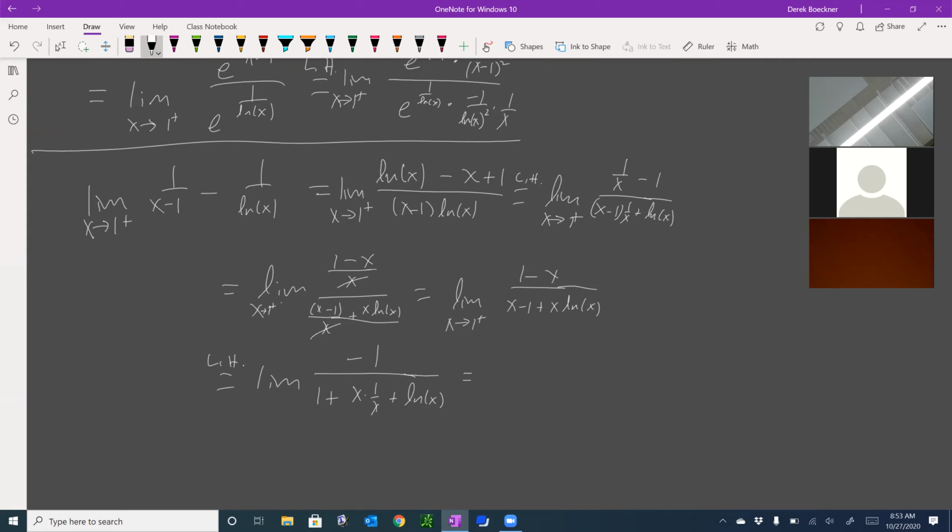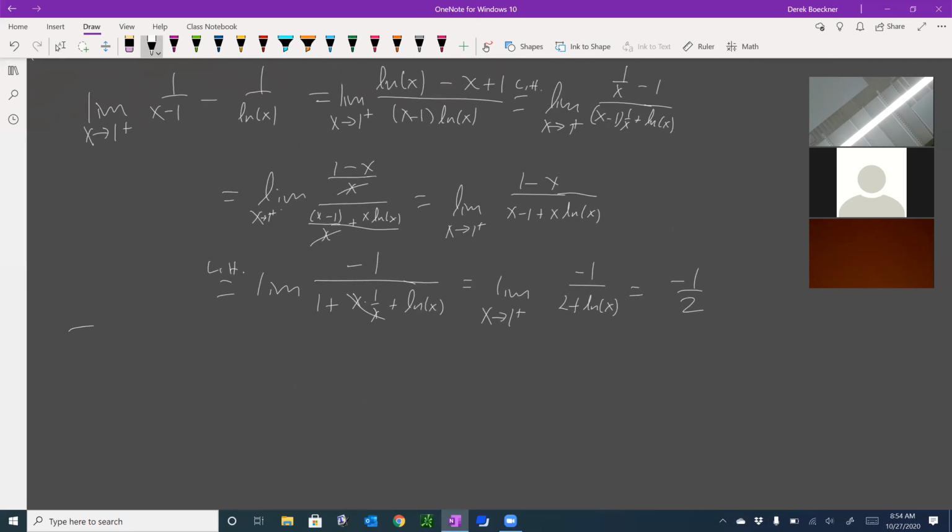So this is, those guys cancel. Limit as x goes to 1 from above, -1 over 2 plus natural log of x, which is minus 1/2. Good. Okay.